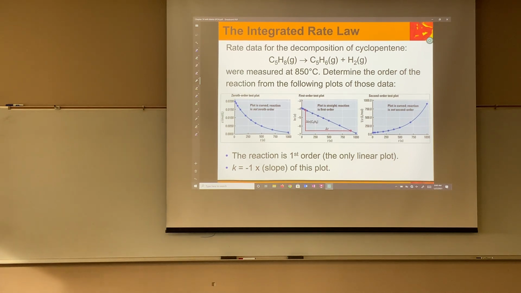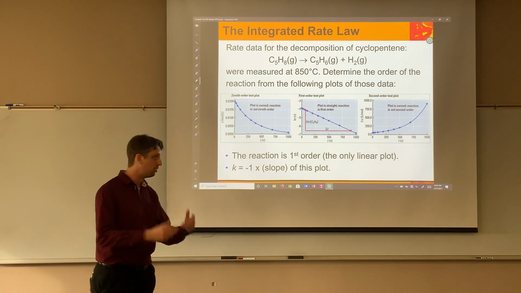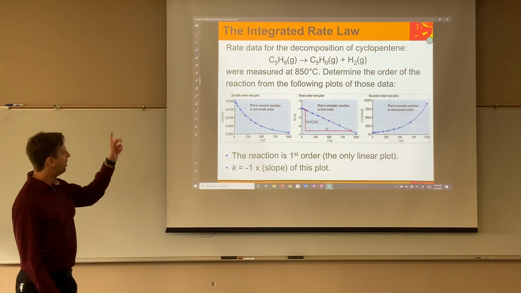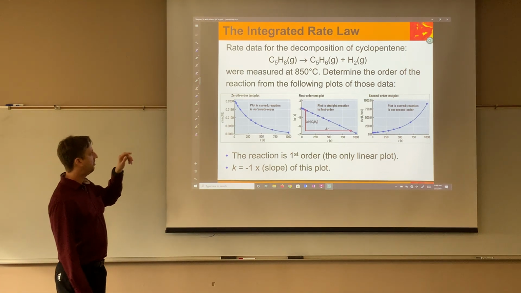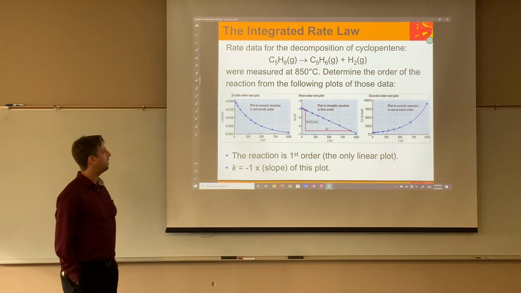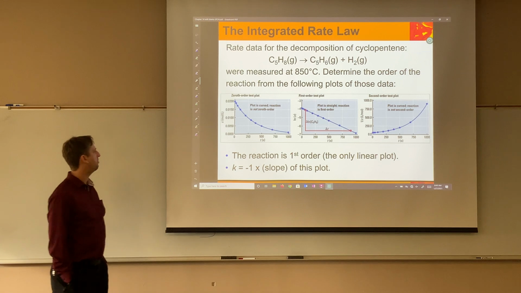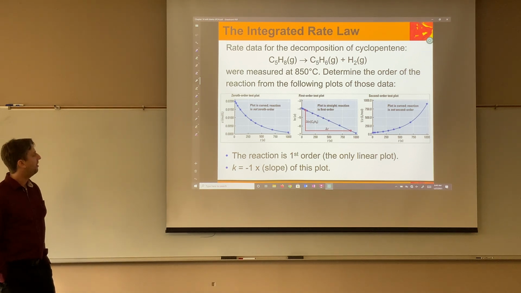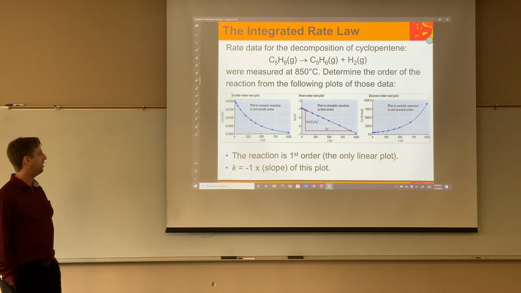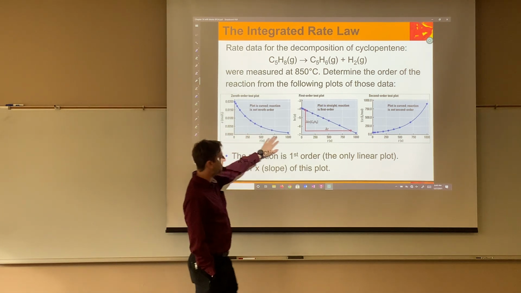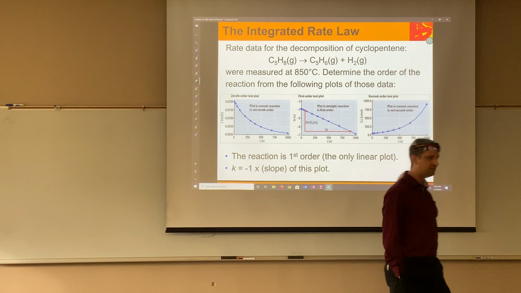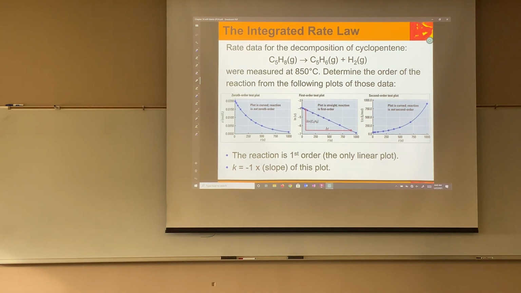Cool. So here's maybe an example of how we would see this presented in the lab. If we measure different data for this particular reaction, the dehydrogenation of something, pentane, whatever it is, we would plot the different values for concentration and time and see which one is linear, and then we would know the order of the reaction.